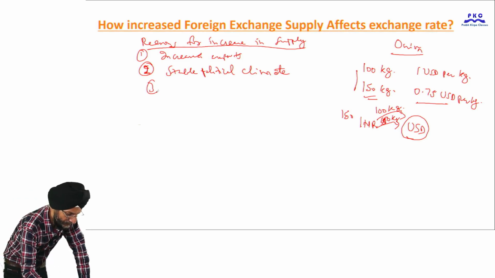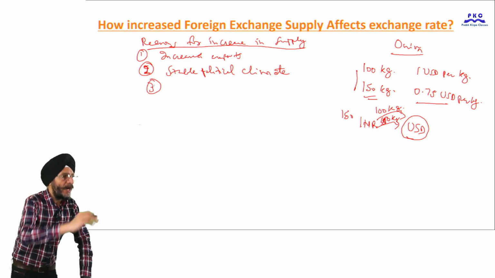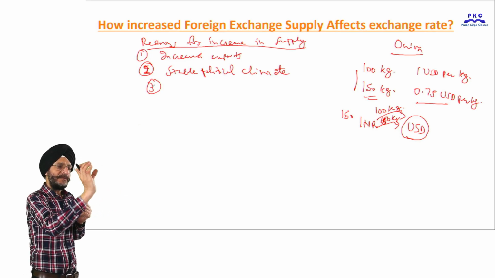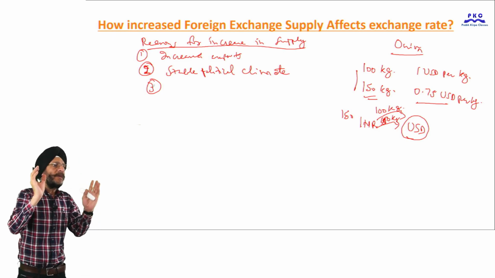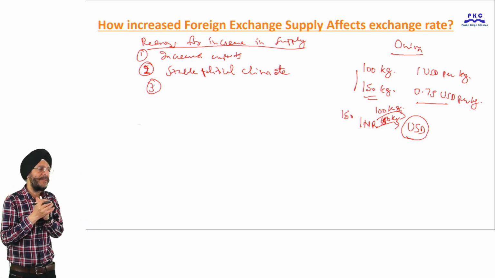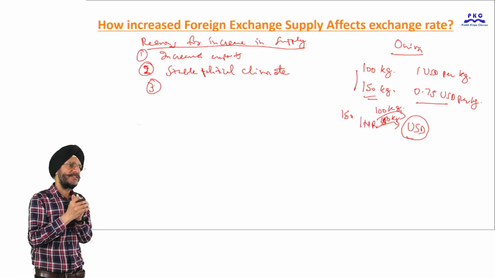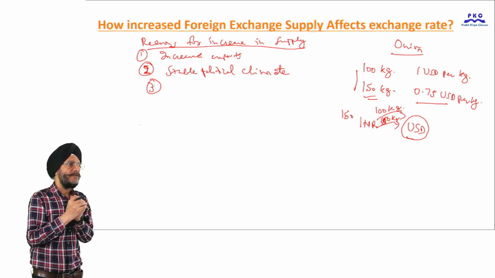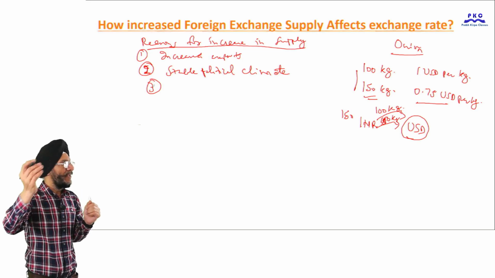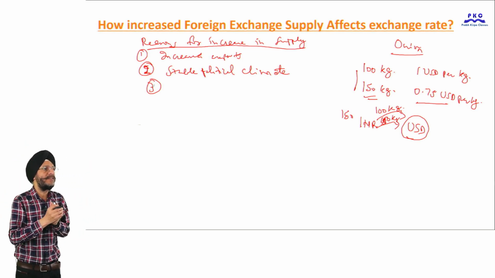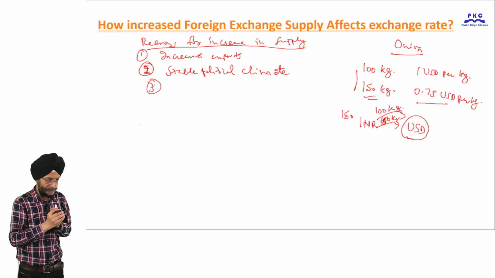So when the atmosphere in the country and investment opportunities are good, or the government adopts policies which are favorable to investors abroad, then the foreign exchange supply in the country increases.